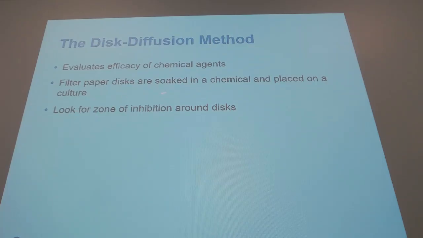So it's a filter paper soaked with this chemical disinfectant, and then you grow this microorganism in your Petri plate, in a closed lawn. And then after this, you put your disinfectants on top, and incubate these two together for 24 hours, and then read how much inhibition of growth you have around this disc.